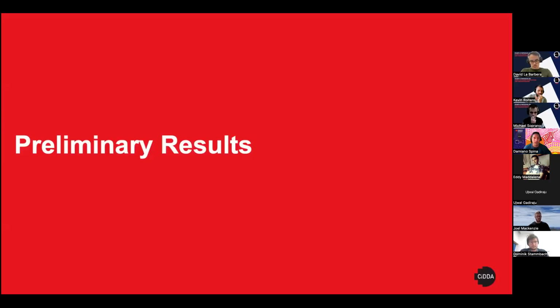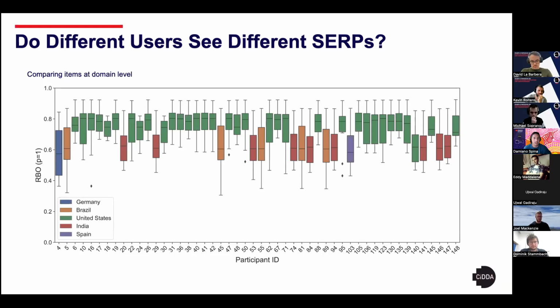So some preliminary results. Do different users see different SERPs? Here on the x-axis, we have the participants, the crowd workers, and the y-axis is rank biased overlap, and the box plot shows the distributions of the pairwise comparisons of the rankings for the queries.